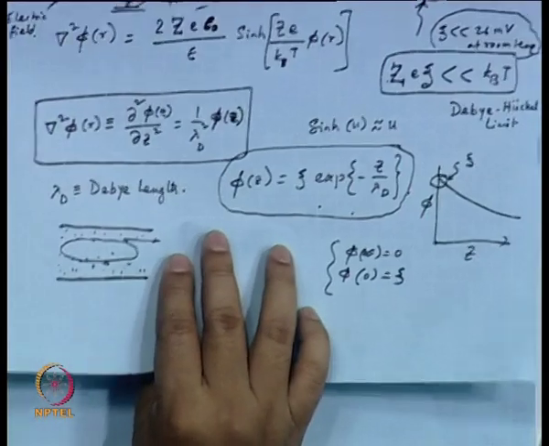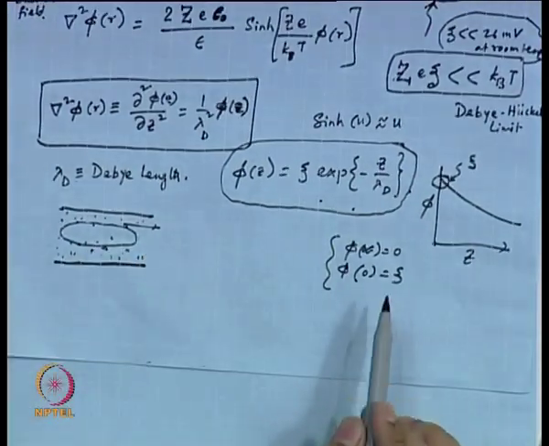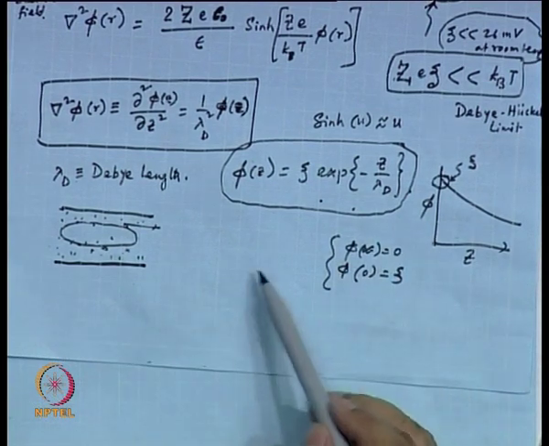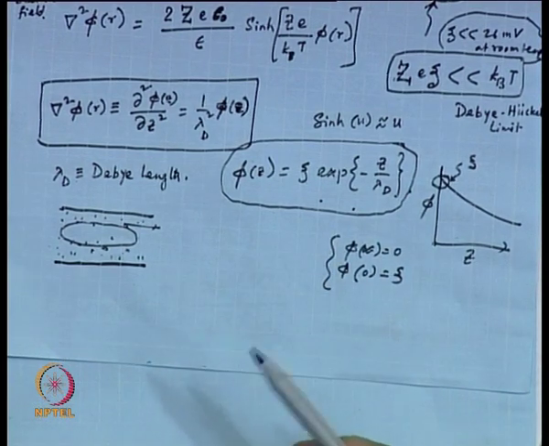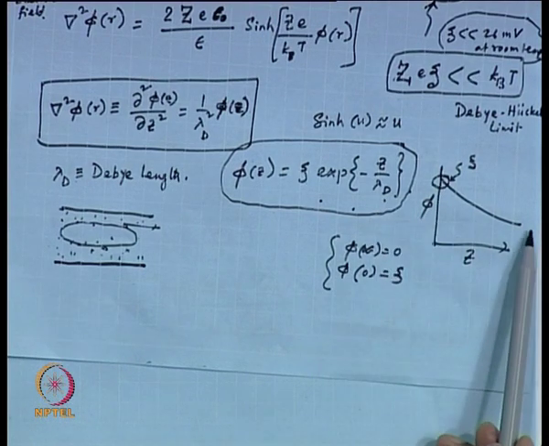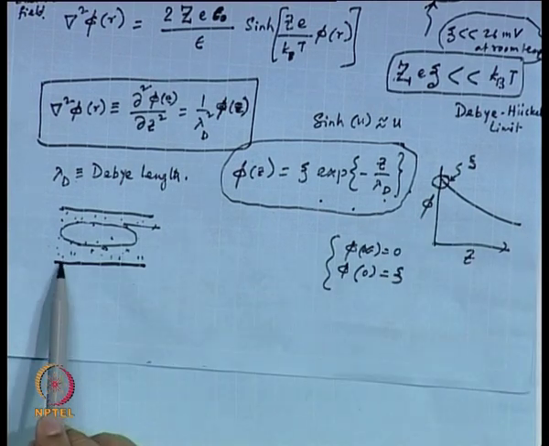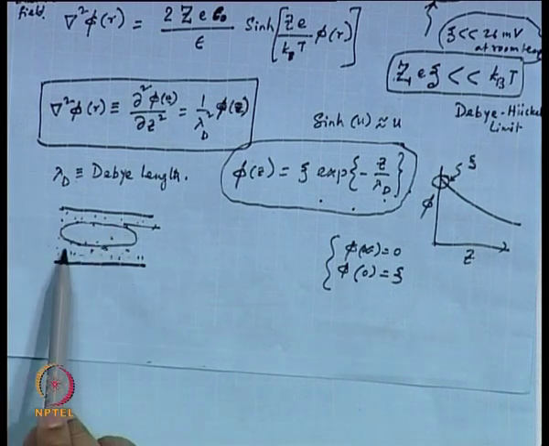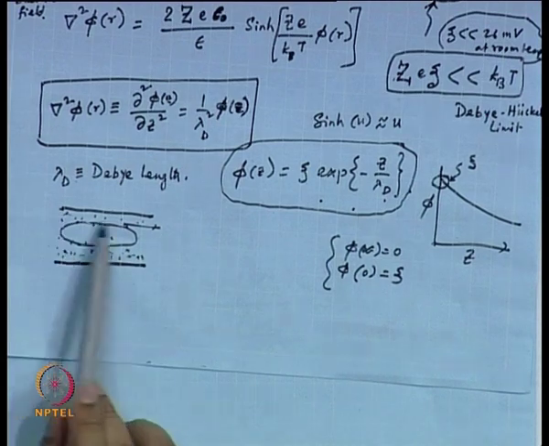We had been trying to find that out in the beginning of the class, and we said if we have simply a wall and extending this electric double layer, simply the bulk extends to infinity, just one wall, we had this expression with lambda d being the Debye length and phi would change with z like this. Then we said if we have two walls, then we have the bulk in the middle and we have the electric double layer present here as well as there.